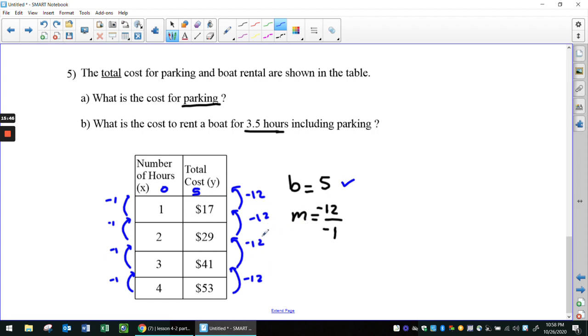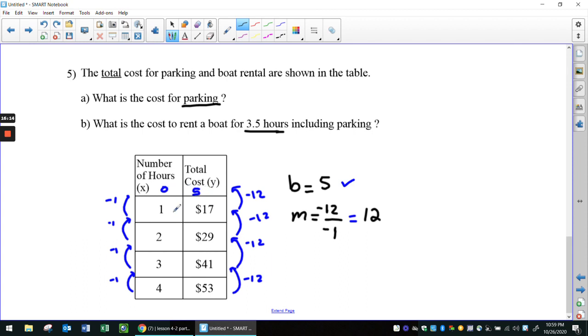And of course, the change in y over the change in x will give you your slope, which comes out to be negative 12 over negative 1, which is positive 12. Okay, so what does this mean? If we're looking at the total cost of the boat rental and parking, we know that the initial fee is $5.